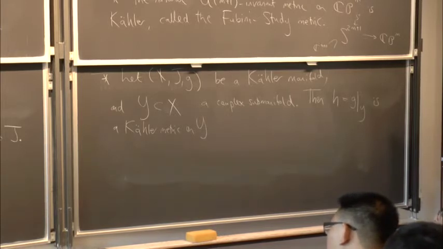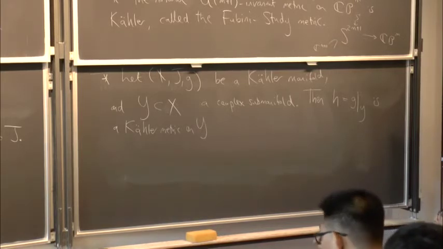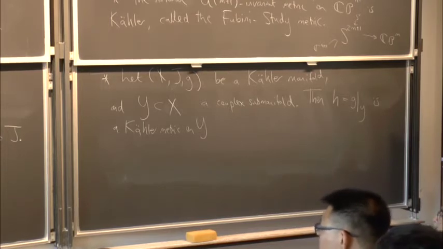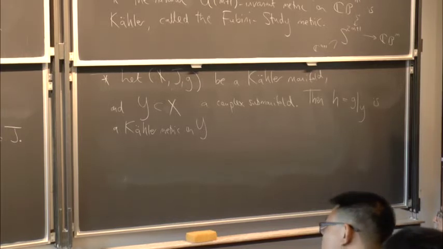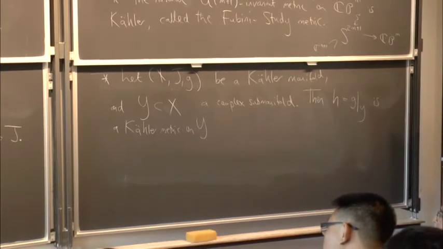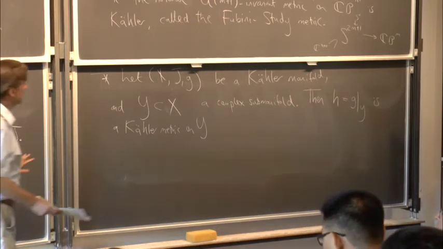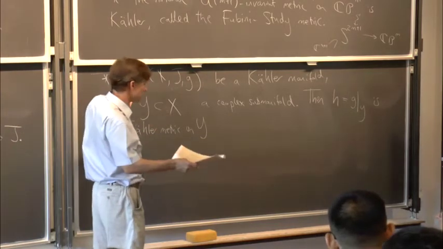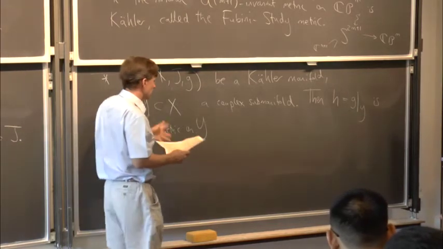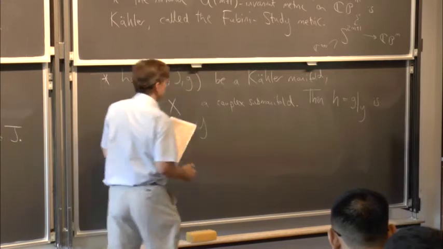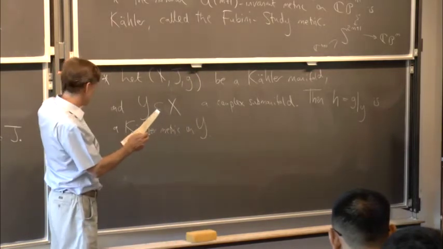The condition nabla omega equals 0 is not really linear in omega, because nabla itself depends upon the metric g, which depends on omega. So that looks non-linear, but this is a linear condition. And linear conditions behave nicely with respect to things like restricting to submanifolds. Okay, so this is a Kähler metric on Y.